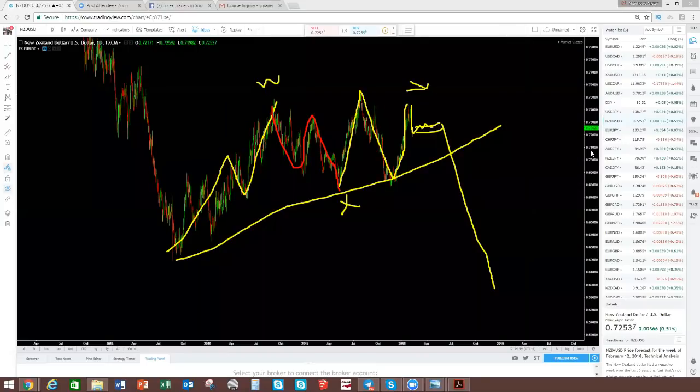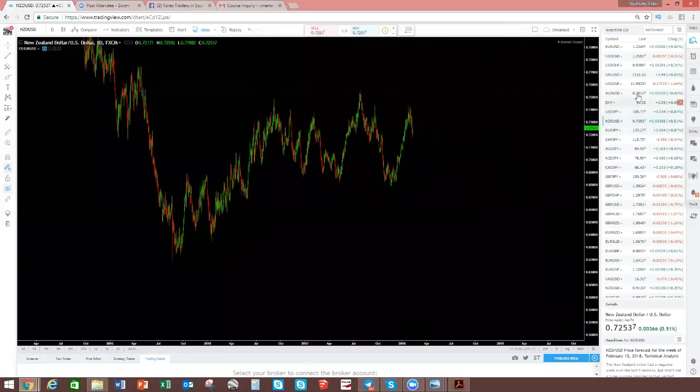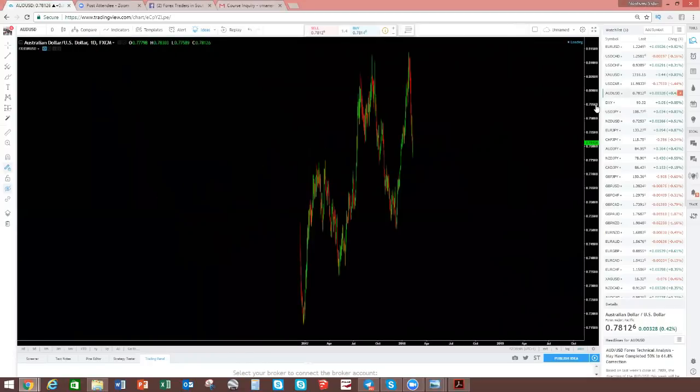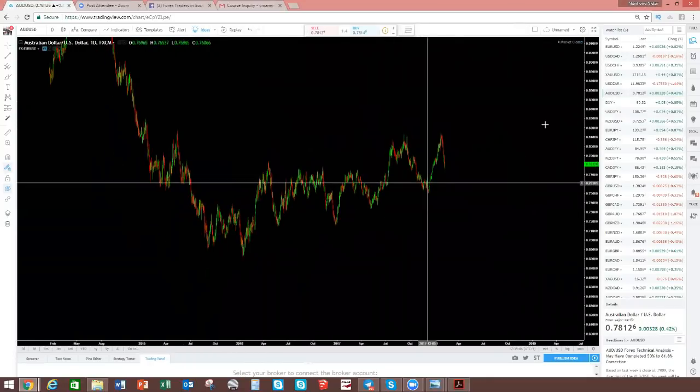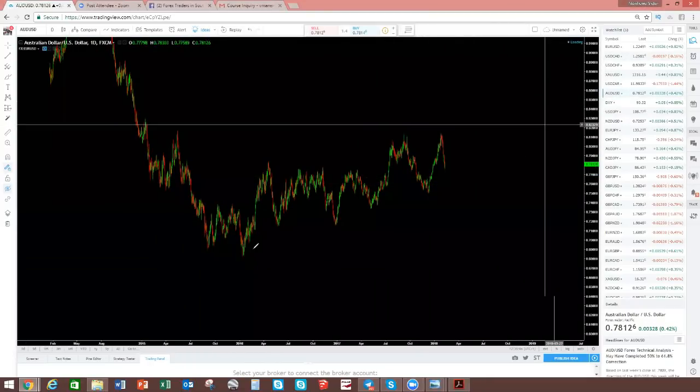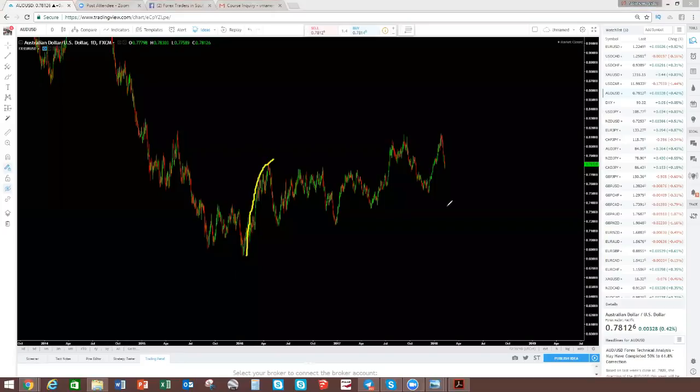Similar to Aussie, I don't think I've done a long-term chart on Aussie. If you look at Aussie, look at here. That is your first impulse. You had this 1, 2, 3 correction here.